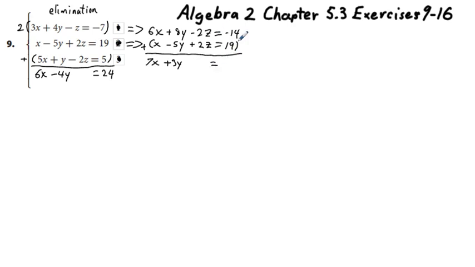And then finally, at the right, we have negative 14 plus 19 is going to be 5. And so now we have these two equations left: 6x minus 4y equals 24, and 7x plus 3y equals 5.